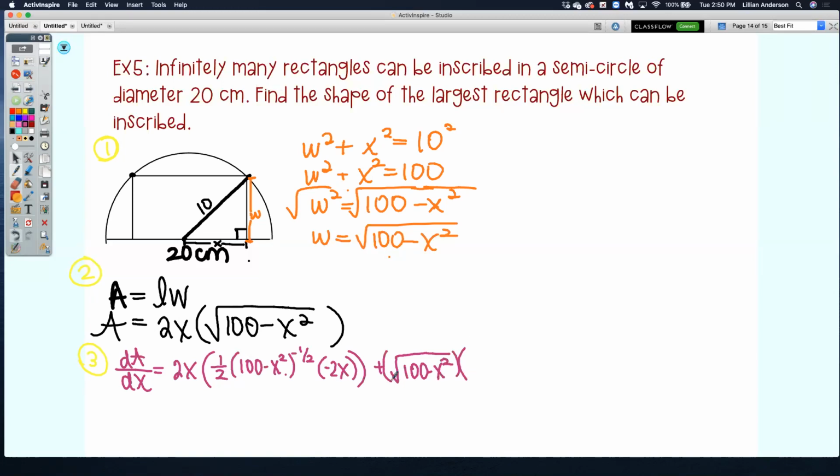The derivative of 2x is just 2. When I multiply my pieces together, 2x times 1/2 times a negative 2x becomes a negative 2x squared.